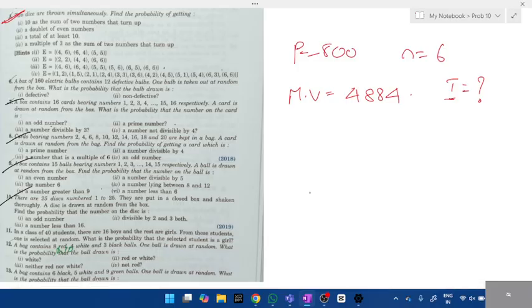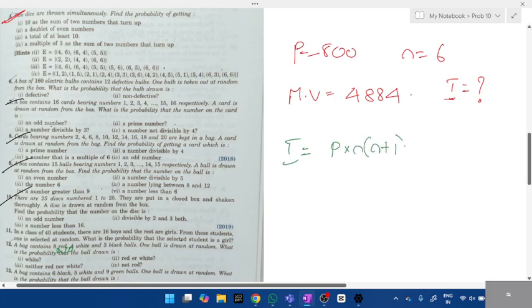MCQ shouldn't take more than 1 minute; in 30 or 40 seconds you have to complete it. Tell me, what are the two formulas we use in banking? I is equal to P into R by 100 divided by 2 into 24.